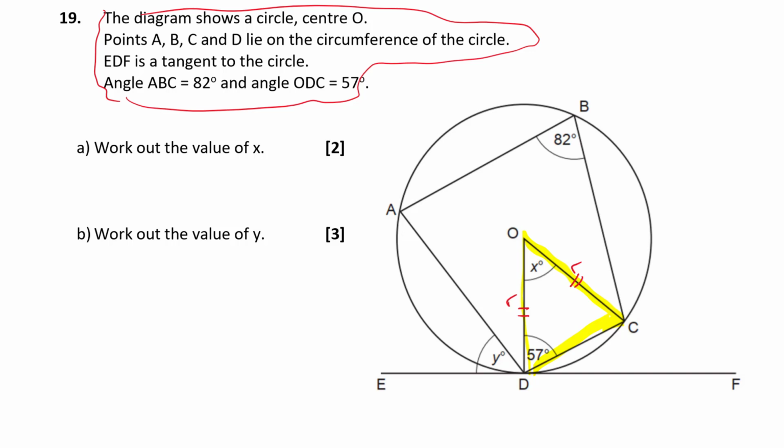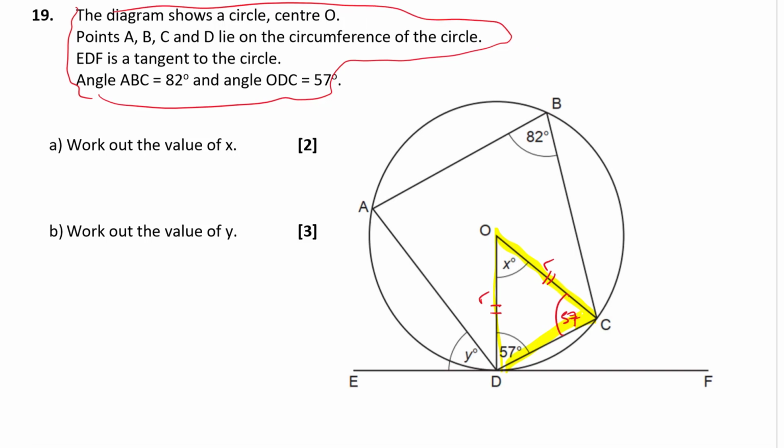So that means that the angle there must also be 57. And if that angle is 57 and that angle is 57, if I add those together and take it away from 180, I should get x. So my three angles, x plus 57 plus 57, must be equal to 180. So adding those two together, 57 plus 57 is 114.